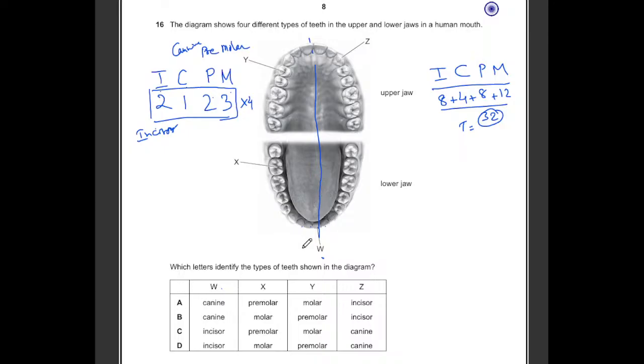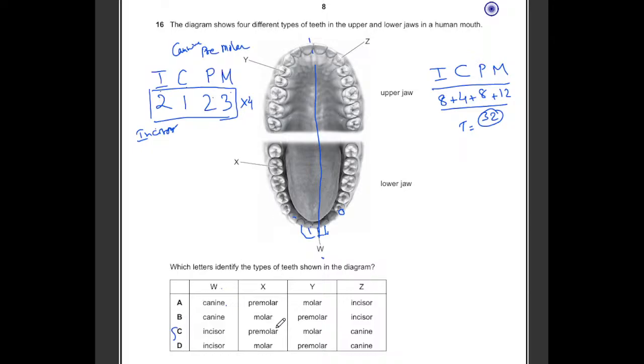Okay, W, if it stands for this, let's see, 1 2 3. Incisor is 4. Now canine it cannot be, because canines are very pointed. So we have two options, C and D.